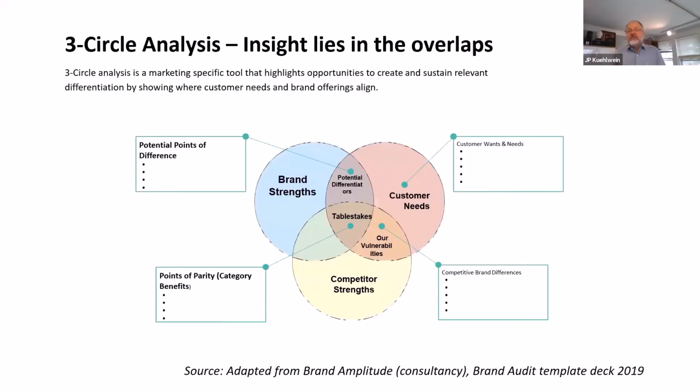So what can be very useful in terms of brand strategy development, and this is again a tool that is actually in that packet by Brand Amplitude, the consultancy company that I linked to, is this little 3-circle analysis, okay? Where you overlay what your customers want, that's the red circle here, okay?